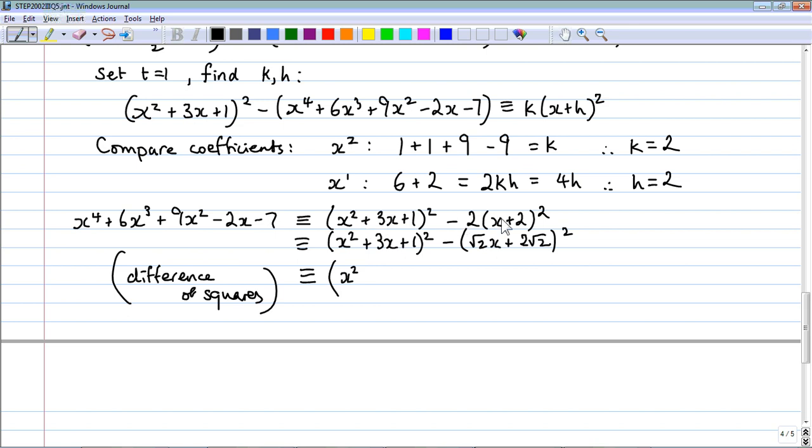So the sum of this function and this function is x squared plus how many x? 3 plus root 2 x plus 1 plus 2 root 2.